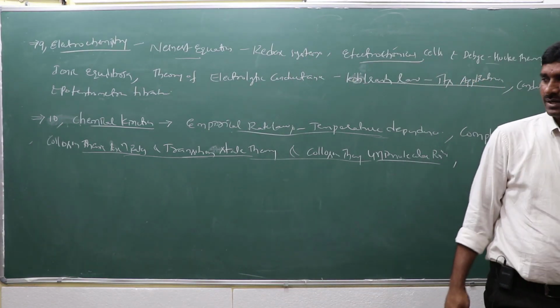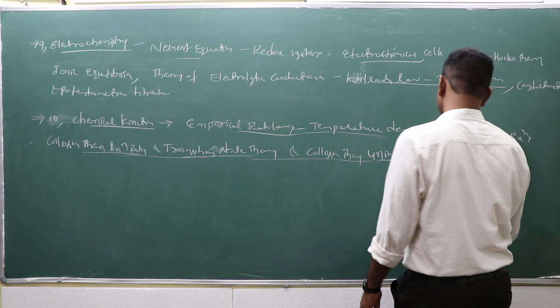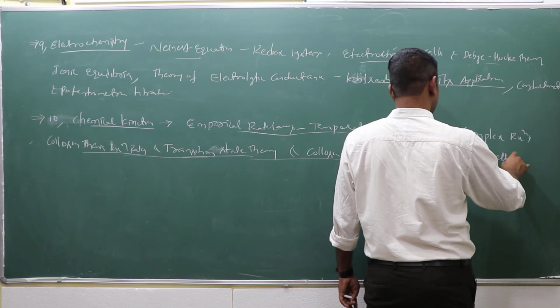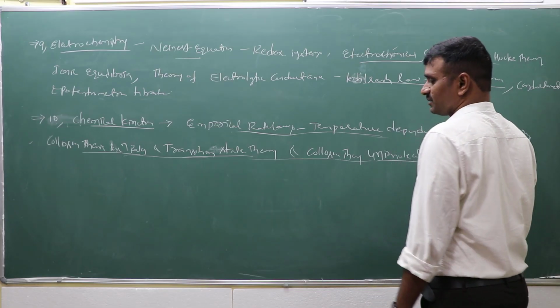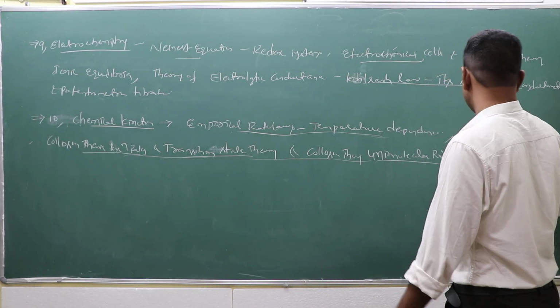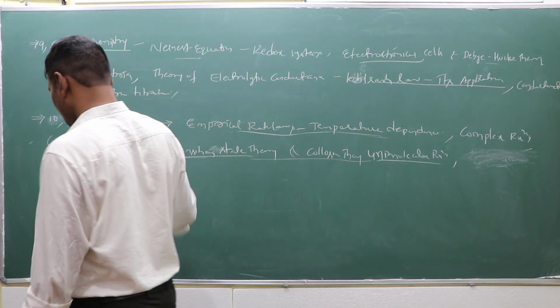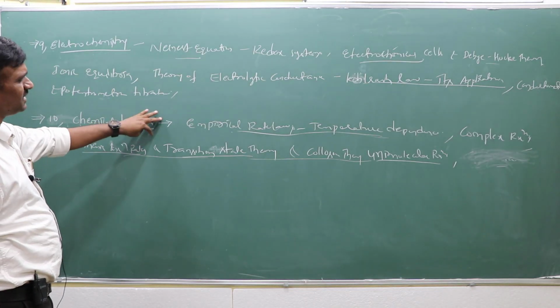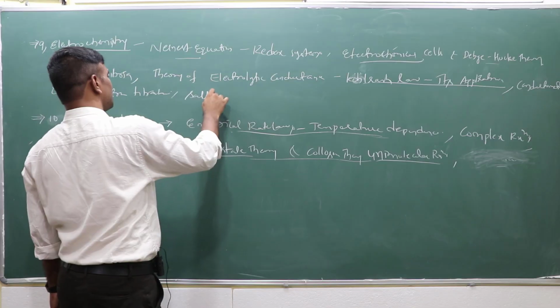Another question you may definitely expect in this chemical kinetics point of view: salt effects. Primary salt effect as well as the, sorry, this is not in this area, in the electrochemistry point of view we can discuss, it may be an interrelated unit.